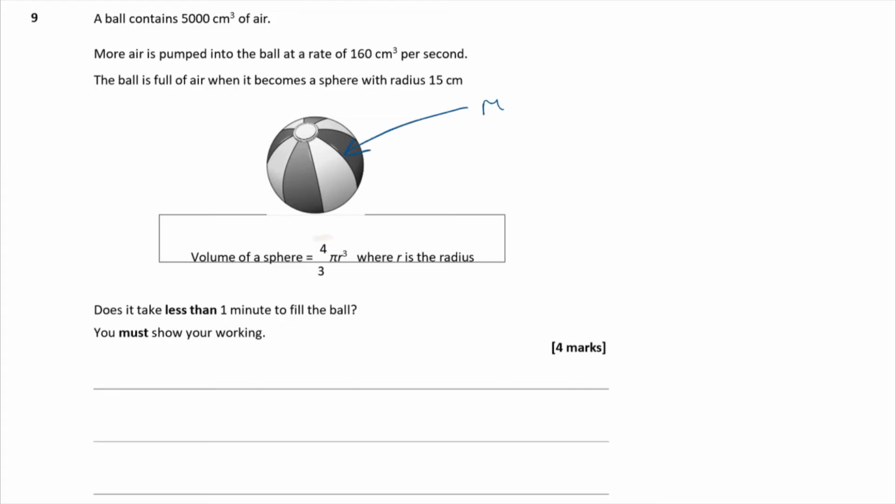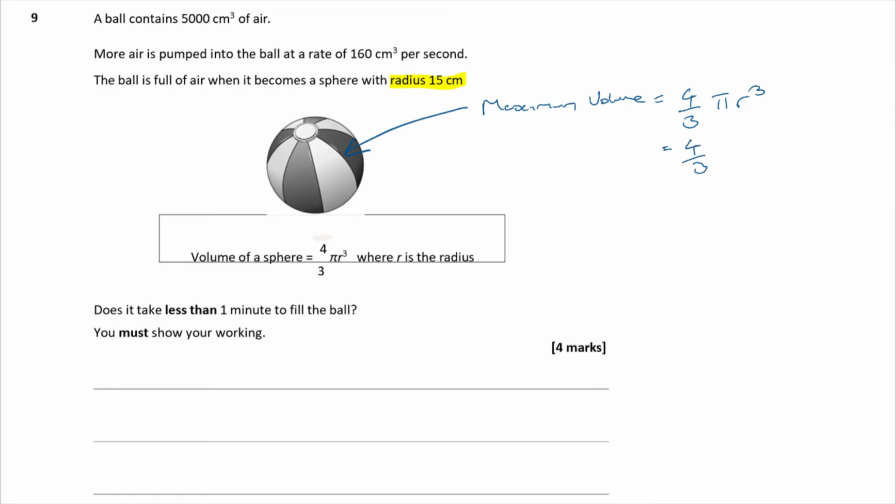So maximum volume. We were told the maximum volume occurred when the radius of the sphere was 15 centimeters. So the max volume is going to be 4/3 pi r cubed when r is 15, then, isn't it?